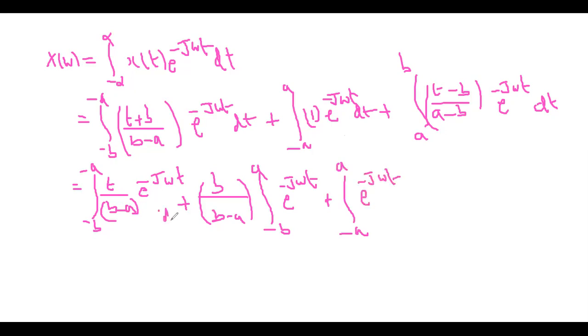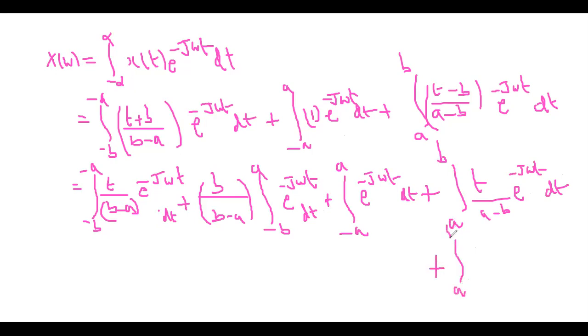Here the dt is there every time, don't forget that one, dt, plus here also the integral a to b t by a minus b e power minus j omega t dt plus integral a to b minus b by a minus b e power minus j omega t dt. Alright, my dear students.